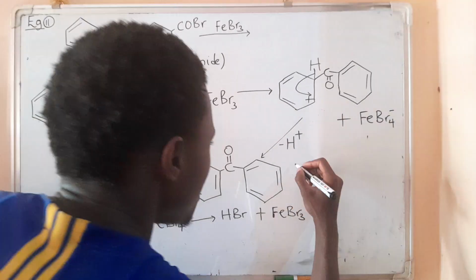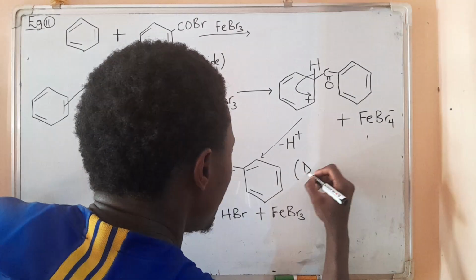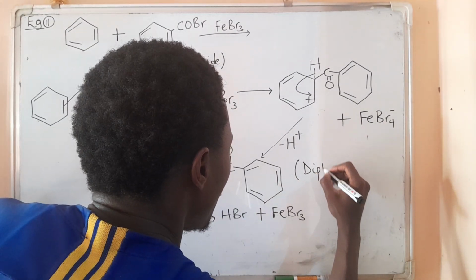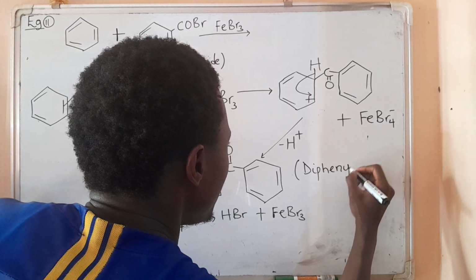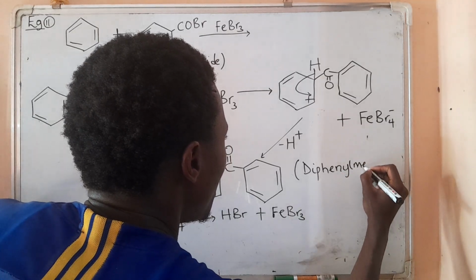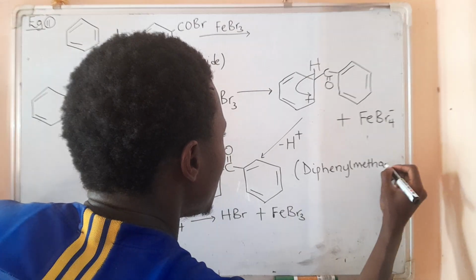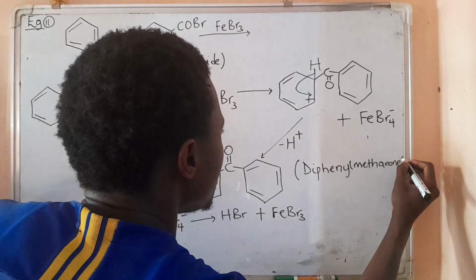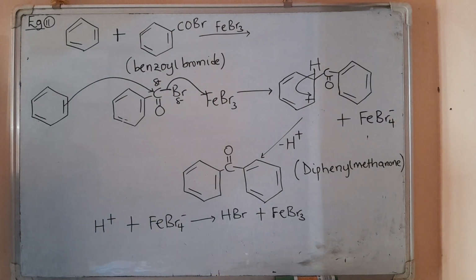So the name of this is diphenyl methanone, because it is a ketone or an alkanone. So that is why you have diphenyl methanone.